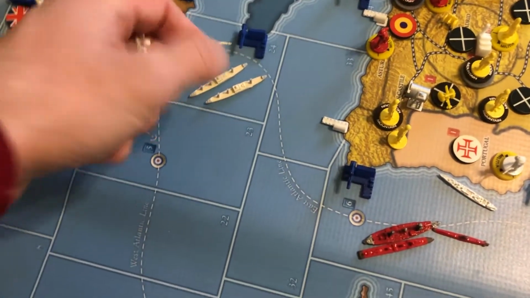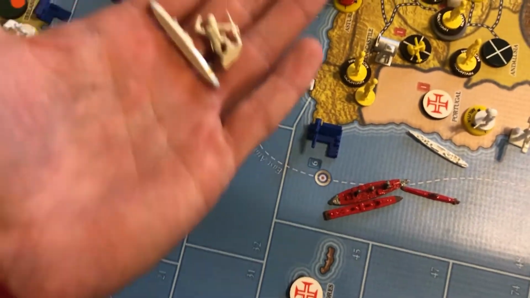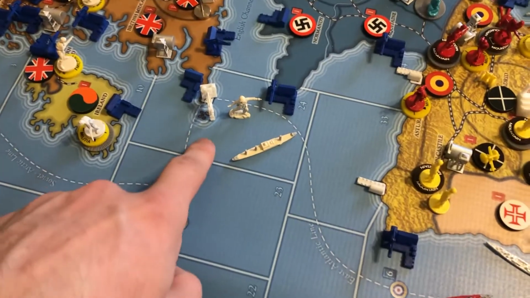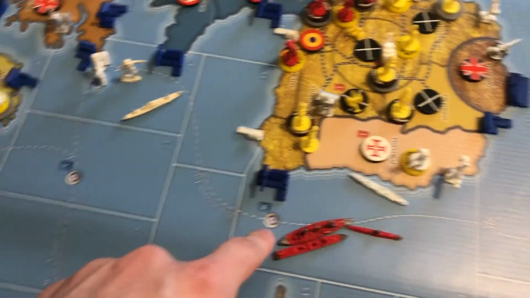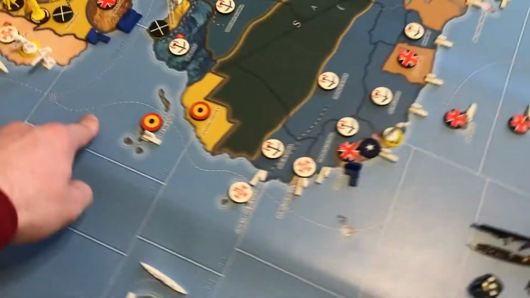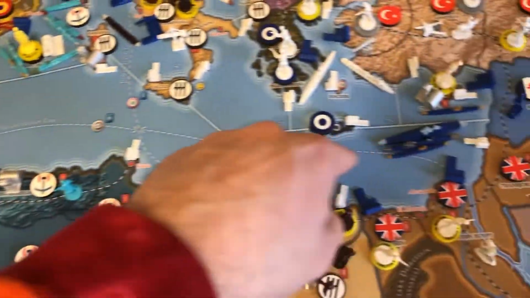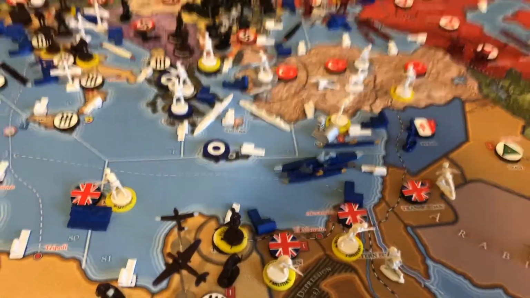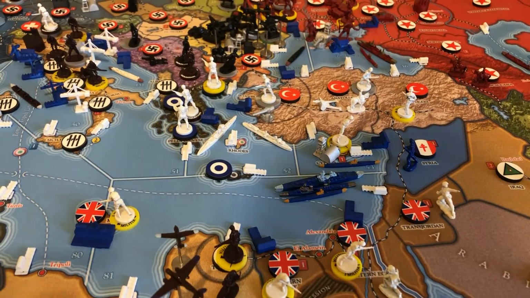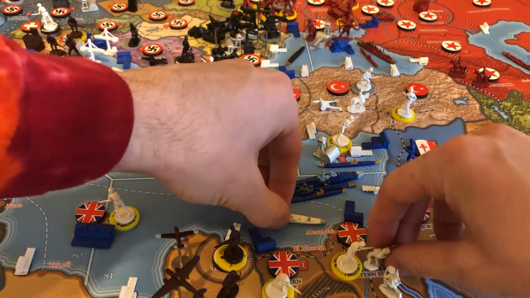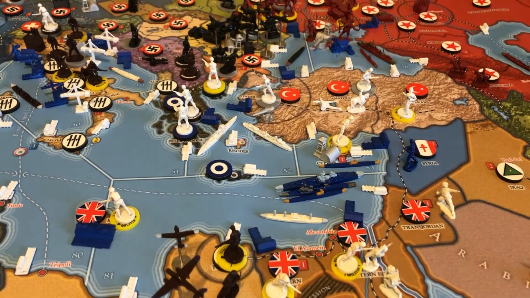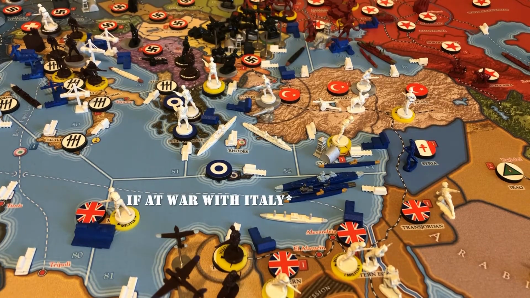So what we could do is grab a guy, and this is 2 strategic naval moves. We could go 1, 2, 3, 4, 5, all the way down to Egypt and drop off our infantry here. Now, if there are any Italian ships blocking our way, obviously we can't do that. But that's the gist of it.